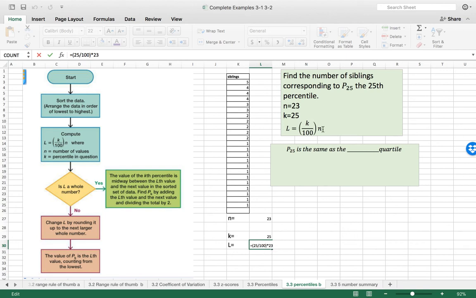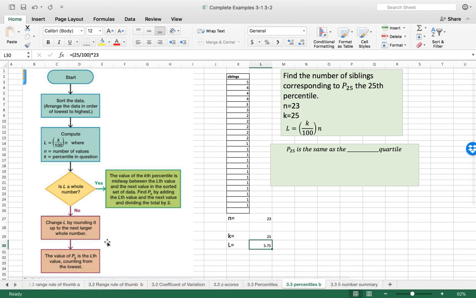When I did that, my L was 5.75. That is not a whole number, so it says to change L by rounding it up to the next larger number. Even if this was 5.25, I would round it up to 6. So L is going to be 6.